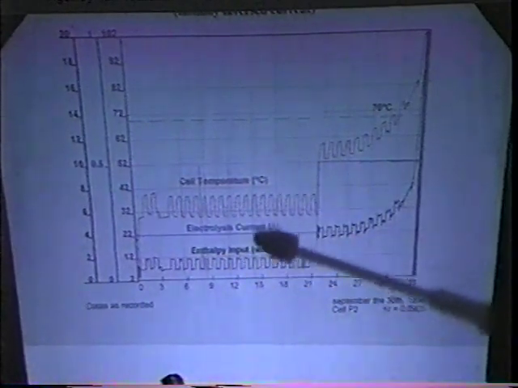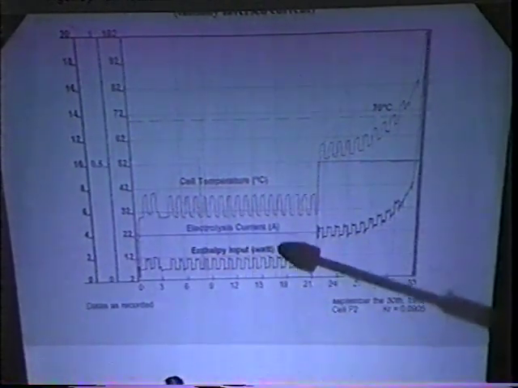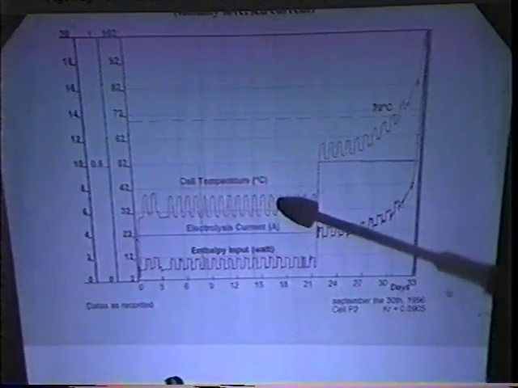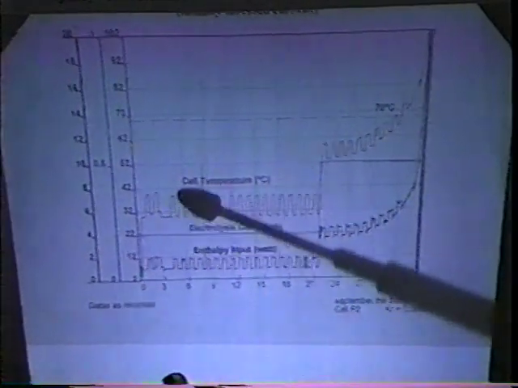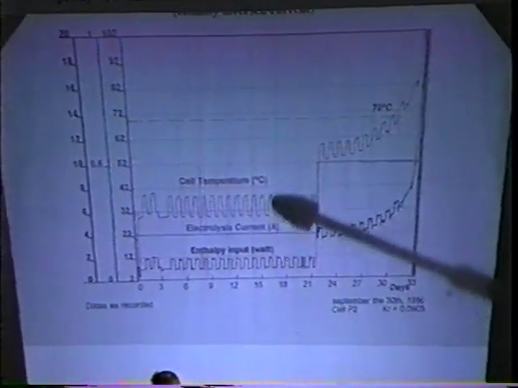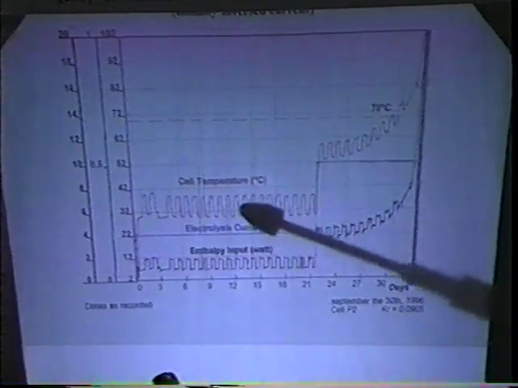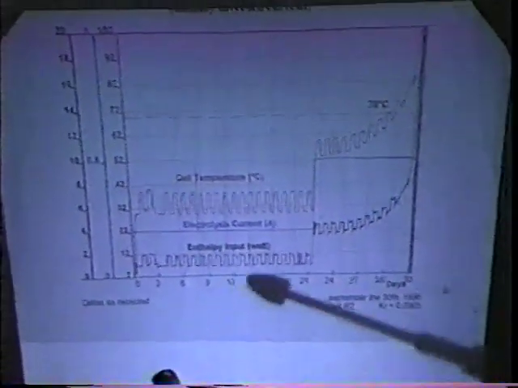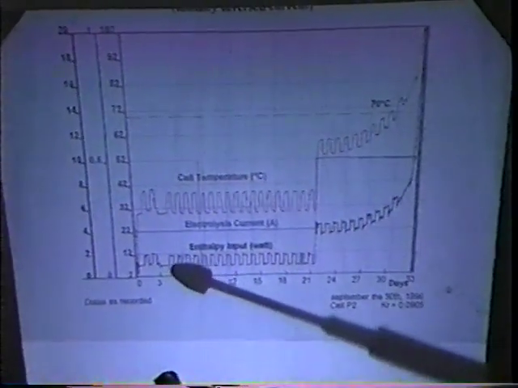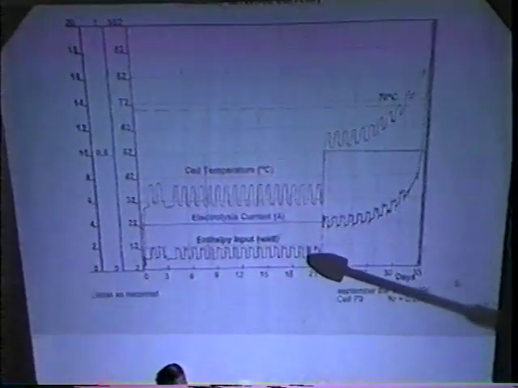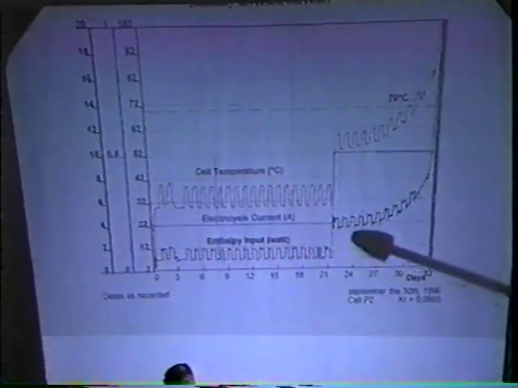You can measure in the blue and in red the set temperature. You can see the cycles due to the pulses in the resistor heating we have in the cell. Temperature going up. And this is the enthalpy input, the number of watts we are putting in the cell. It's going up, as you can see.